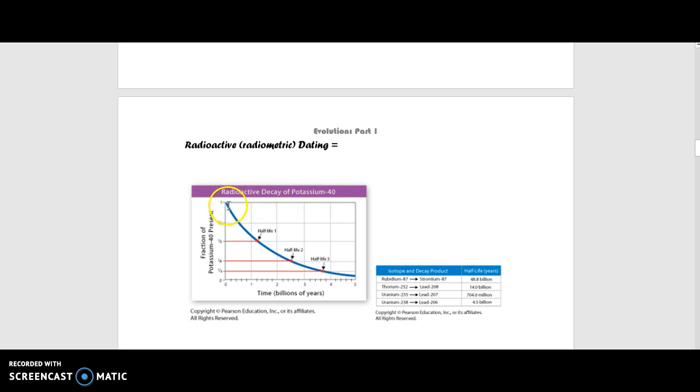This chart talks about how at the beginning of the record of this sample, you would find that it has this radioactive isotope within it, 100% potassium-40, and what we notice is half-life. That's the amount of time it takes for half of the mass of that radioactive isotope to transition to stable form.